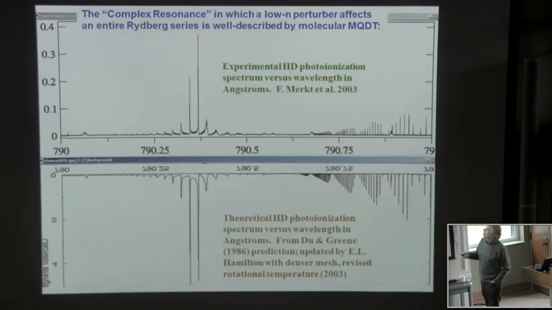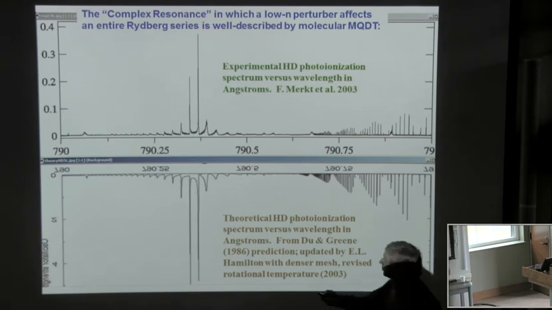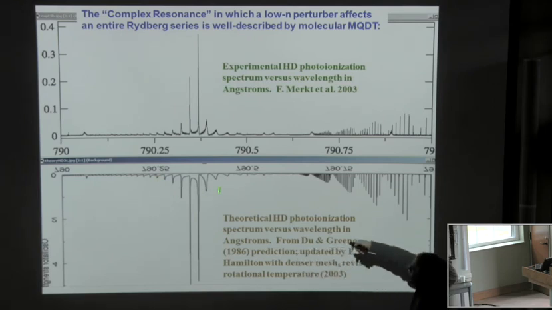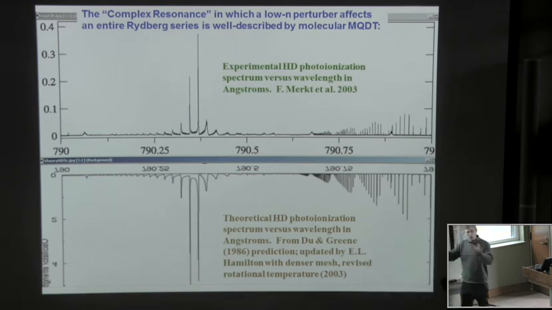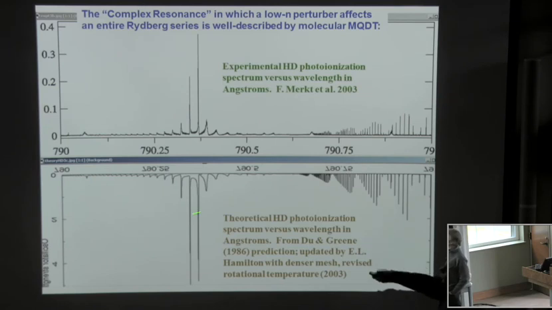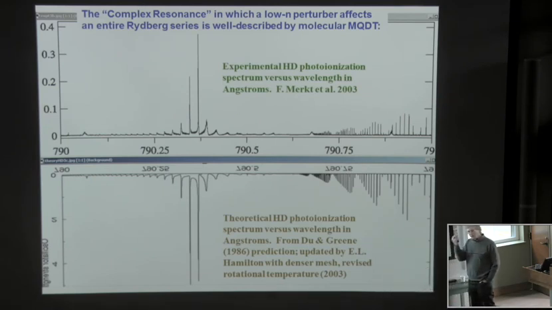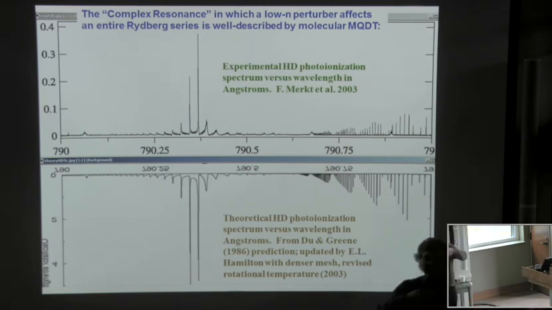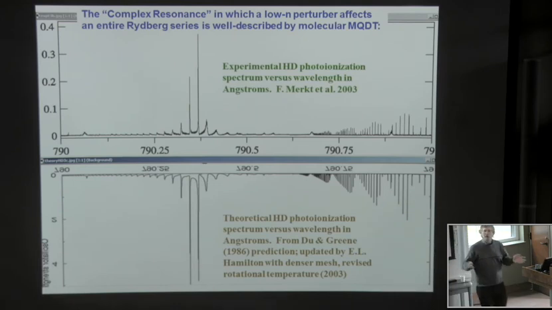We applied this to HD photoionization, some regions of complex resonances where there's a low N, low principal quantum number perturber mixed in a high Rydberg series that has this kind of a Rydberg spacing. And these sort of complex resonance features show up all the time in molecular Rydberg states. Very interesting and rich, where they're not simple resonances, they have multiple time scales.